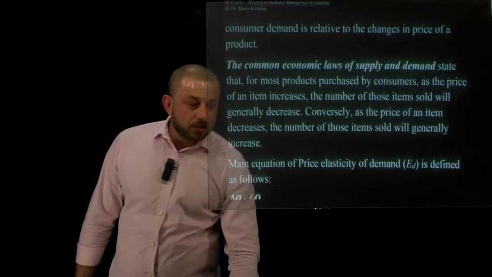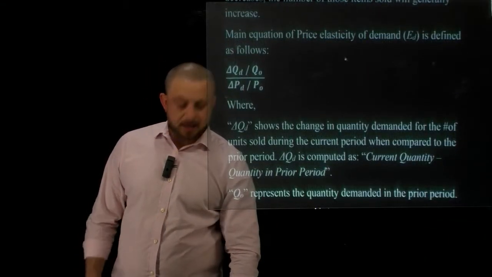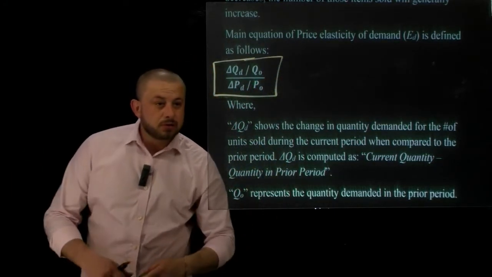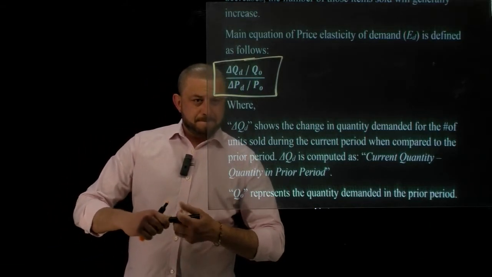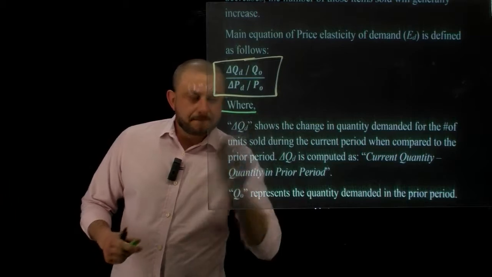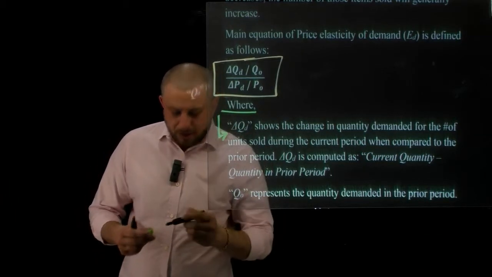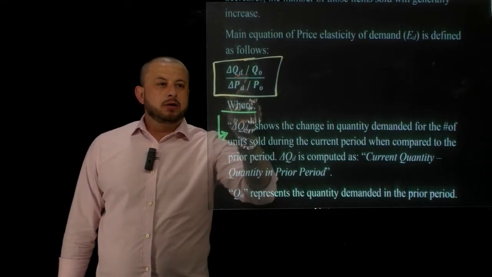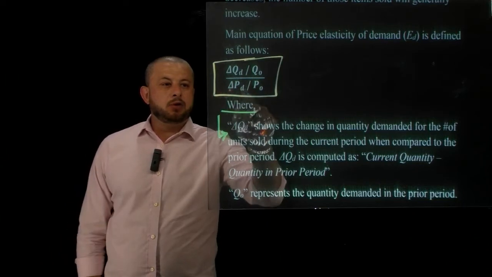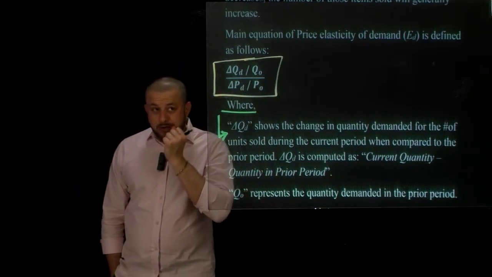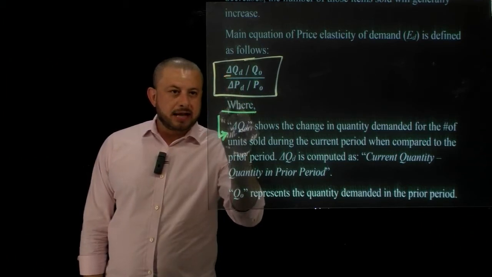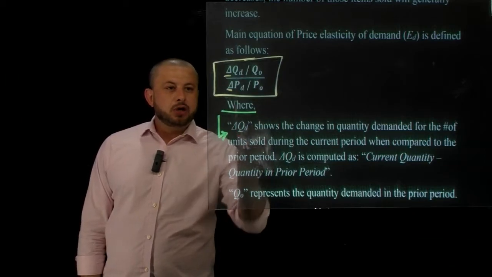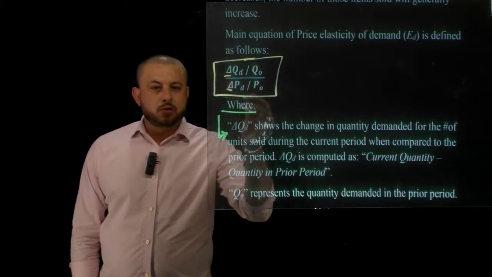So guys, the main equation is right here, okay? Delta QD over QO over delta PD over PO. Guys, this is the main equation, and as you know, the deltas over here represent the change, okay? Therefore, as you can see over here, QD becomes the quantity demanded.